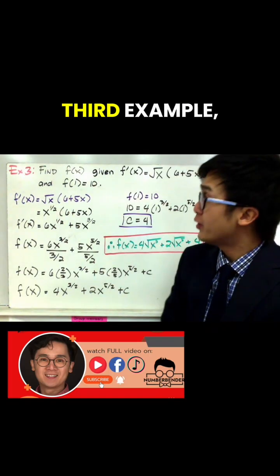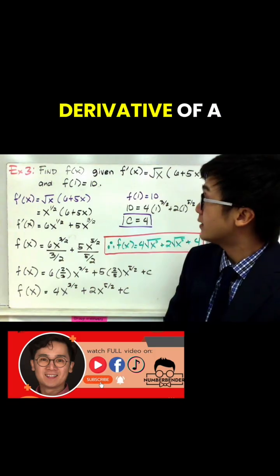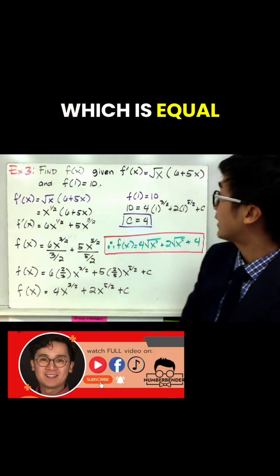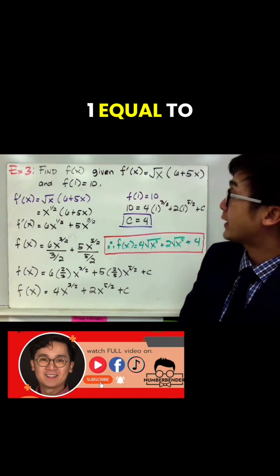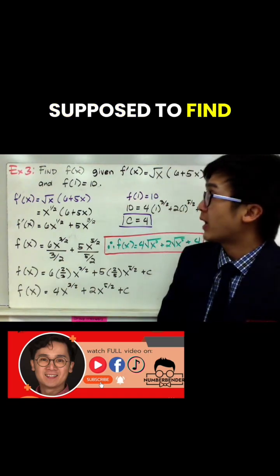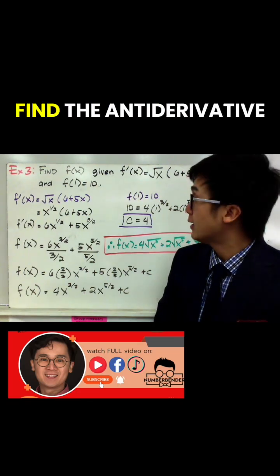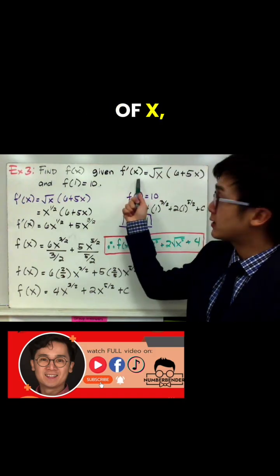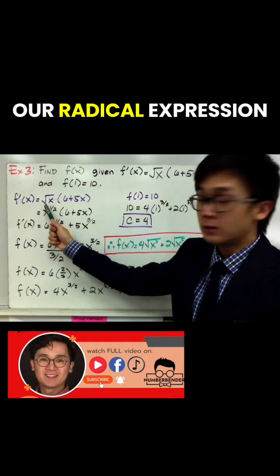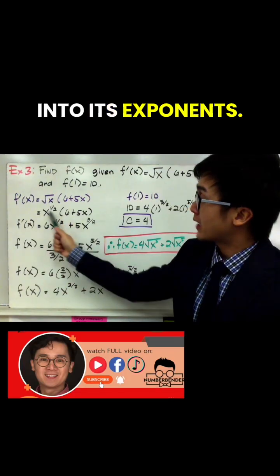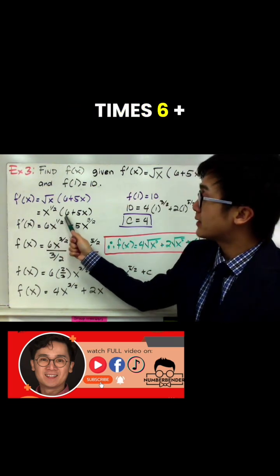Now for the third example, we are given the derivative of a function, f prime of x, which is equal to the square root of x times 6 plus 5x, and f of 1 equal to 10. We are supposed to find f of x using antiderivatives. So the first step is to find the antiderivative of f prime of x, and by doing so, we'll translate our radical expression into its exponent, so we'll have x raised to 1/2 instead of the square root of x, times 6 plus 5x.